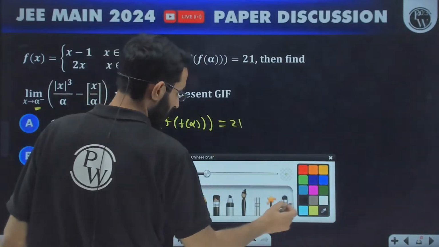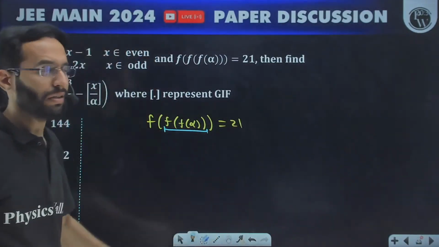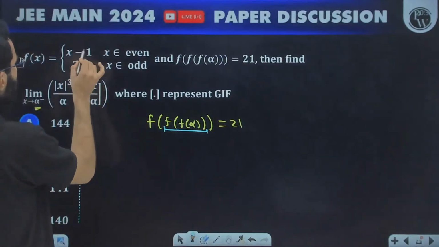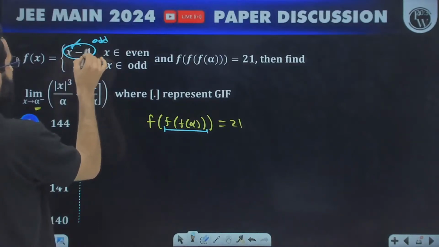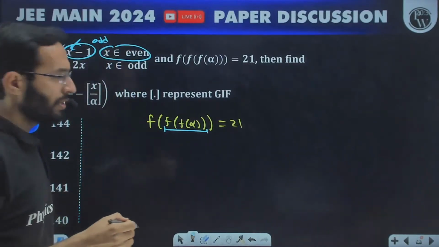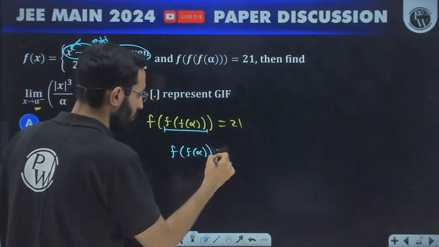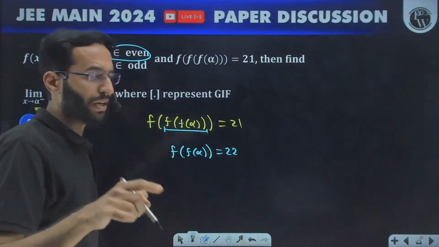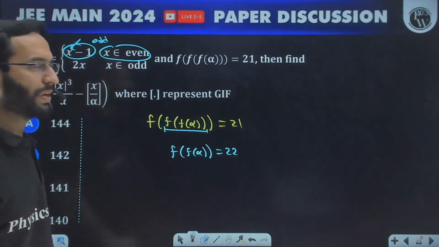That means the output of f under this input is 21, which is odd. Output is odd, so the input should be even. So the input should be output plus 1. So f of alpha should be 22, because then f of alpha will become 22 minus 1, which is 21.